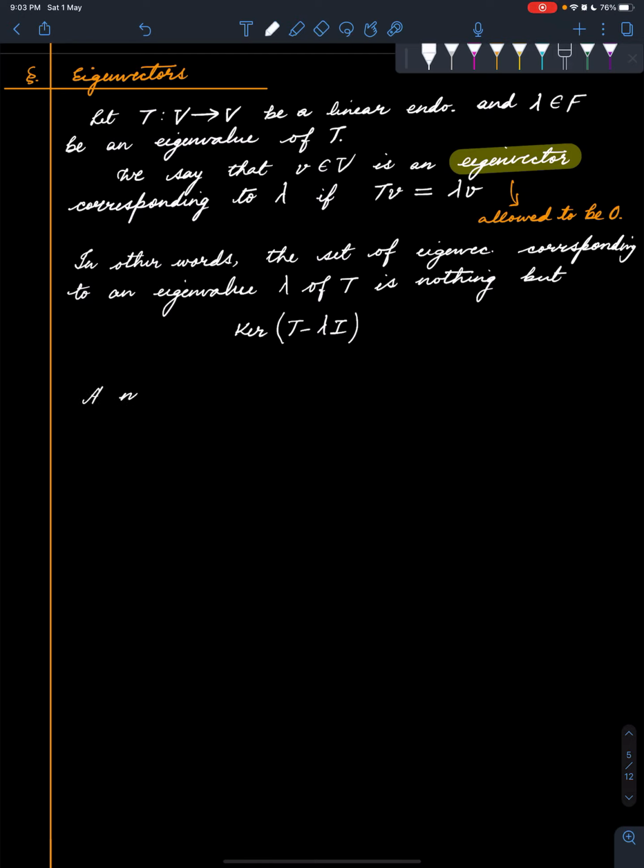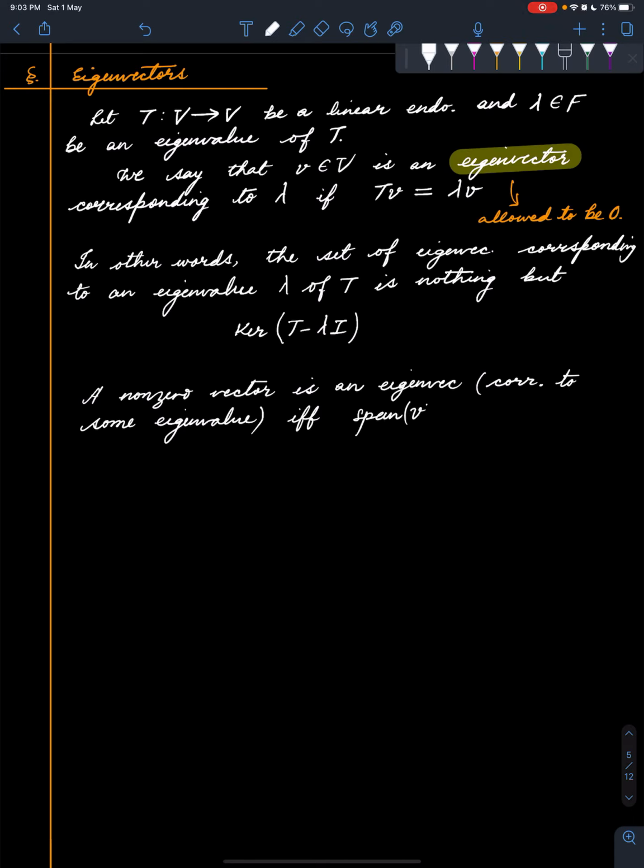A non-zero vector is an eigenvector corresponding to some eigenvalue if and only if the span of the vector is T invariant.